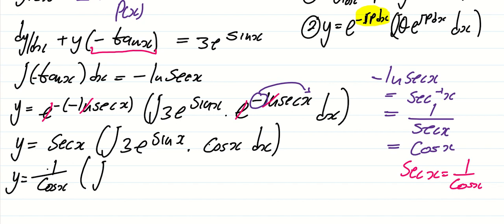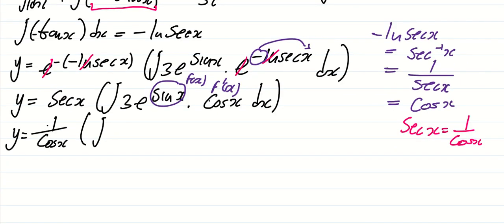Okay, integral of. So look at this. Remember the formula that we did in the previous session? You had f prime of x there, and f of x there. Let's solve this step first.